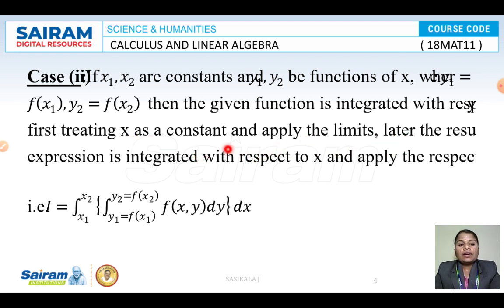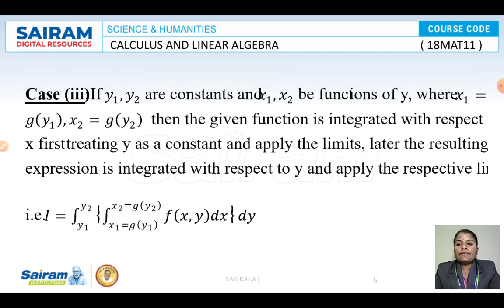Later, the resulting expression is integrated with respect to x. You can see integration x1 to x2, y1 to y2, where y1 and y2 are expressed as functions of x, and then we integrate as usual. Vice versa, you can change it.